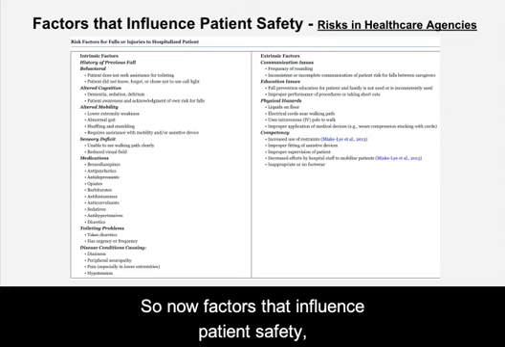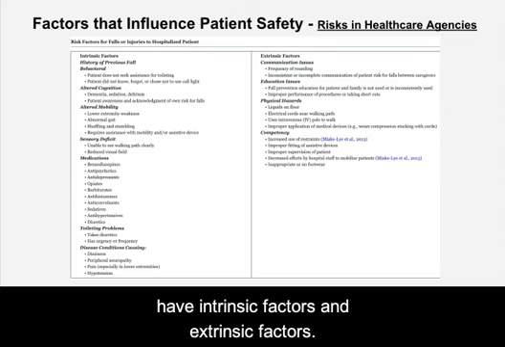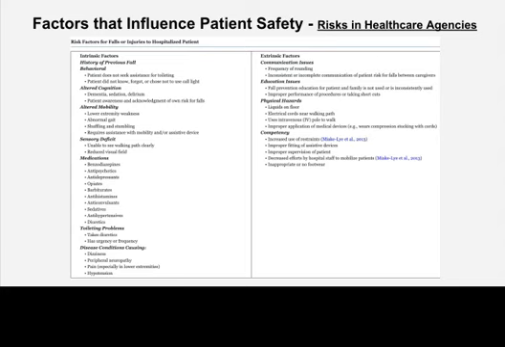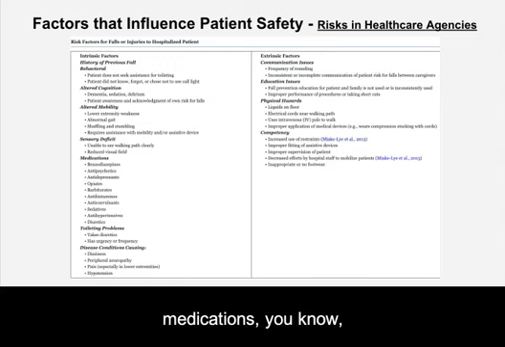So now, factors that influence patient safety, the risks that we have in healthcare agencies, we have intrinsic factors and extrinsic factors. Intrinsic factors are biochemical, altered cognition, altered mobility, sensory deficits, and it's a list of these over here: toileting problems, medications, and extrinsic factors are extrinsic, outside, right?